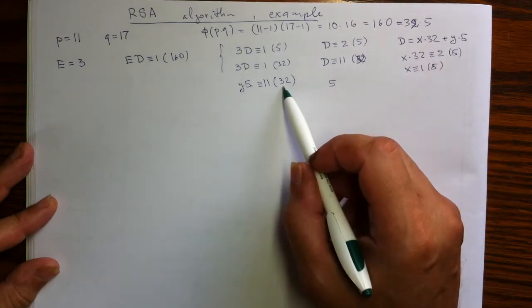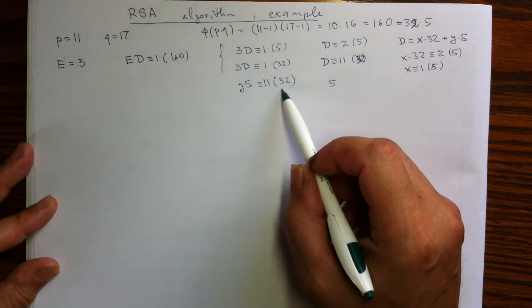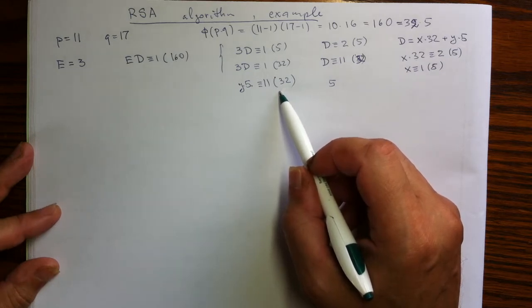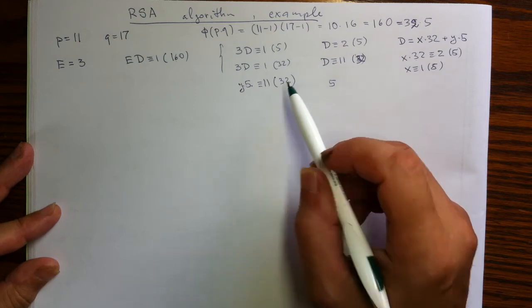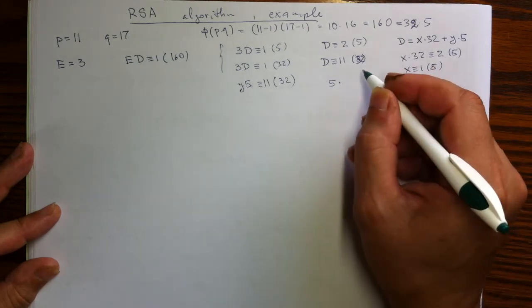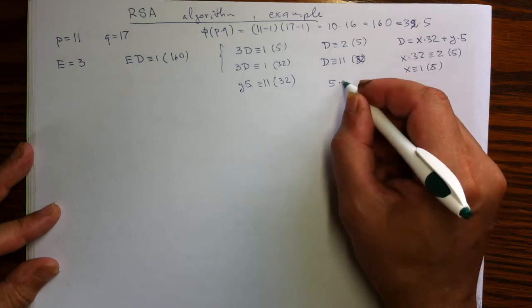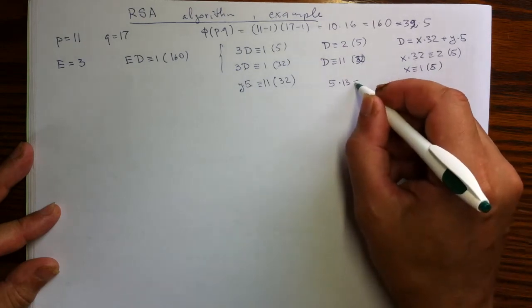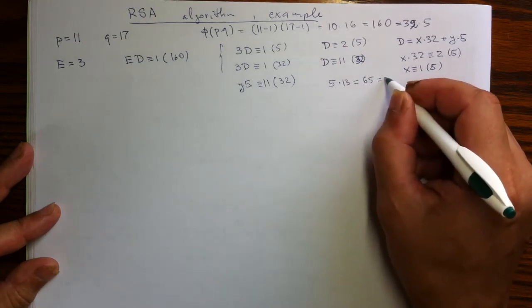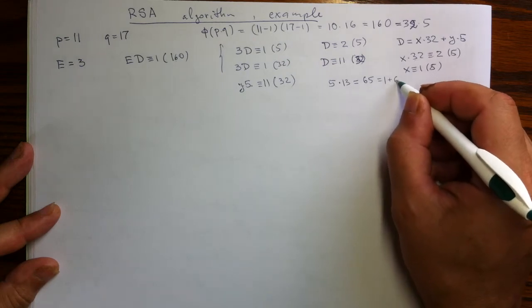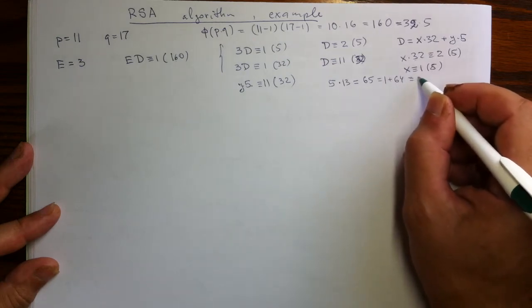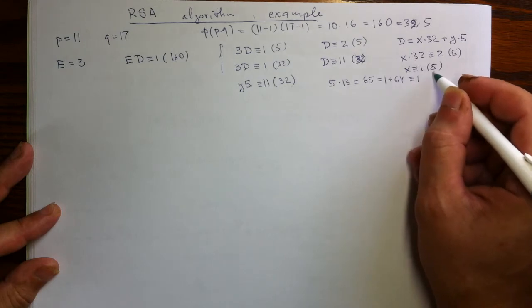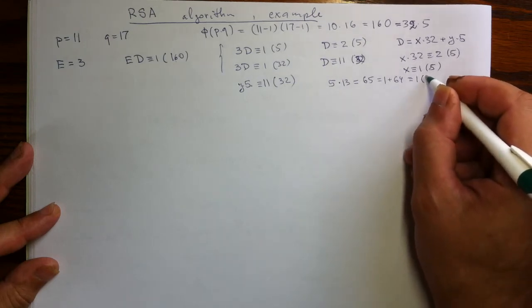If I double 32, I will have 64. So 64 is one step away from 65, which is a multiple of 5. And what is this multiple? That will be 13 copies of 5. That is literally 65, and that is 1 plus 64. So that is congruent to 1 modulo 32.